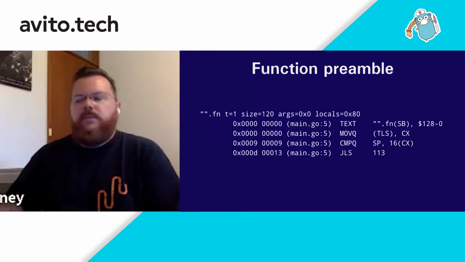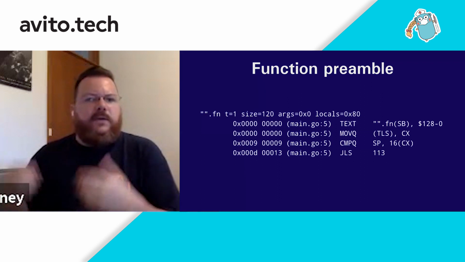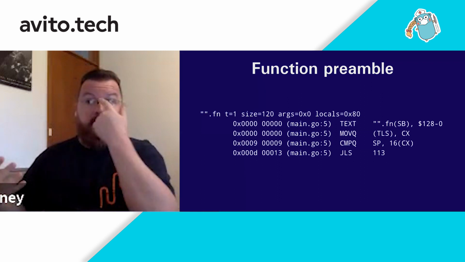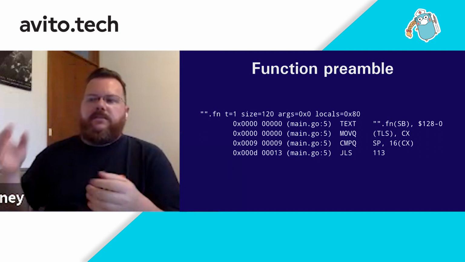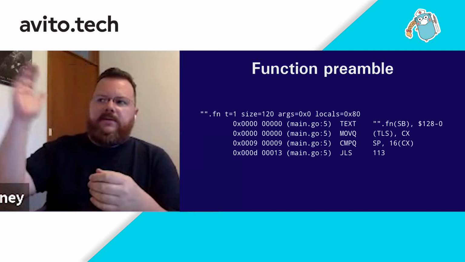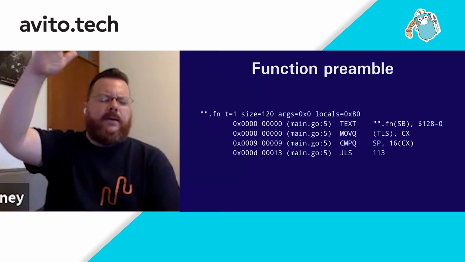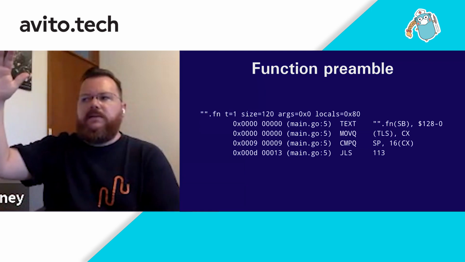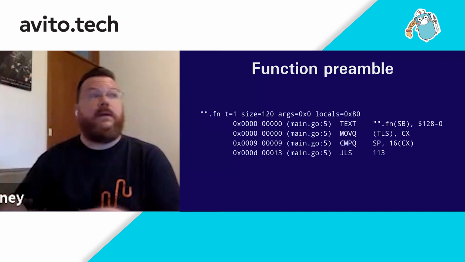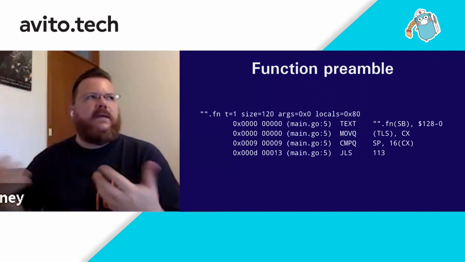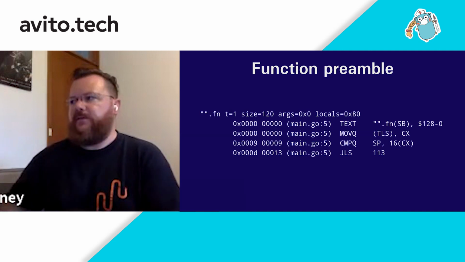During the function preamble, this is just an example function. Every function in Go that is compiled with this has this little check, which you can see. The function has a size, which is the number of instructions in it. It has a list of the arguments that are passed into it, and this thing called locals, which is effectively, I need 0x80 bytes of space to run this function.